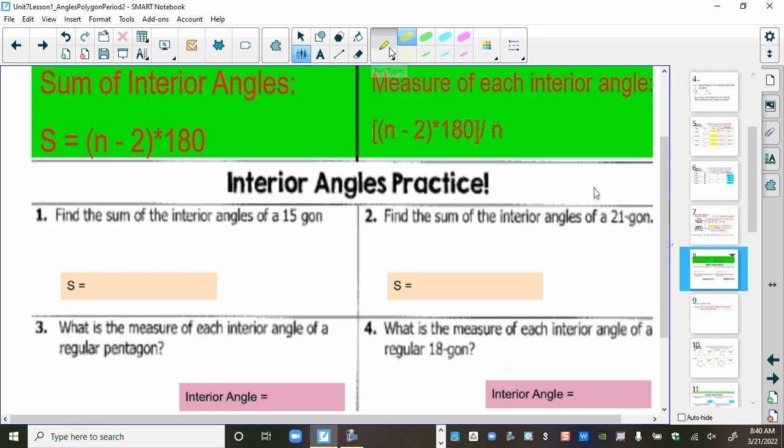Anytime they say a number dash gon, because after like 10 they just say whatever number dash gon, that's how many sides are in the polygon. So in this case, a 15-gon, n is 15.